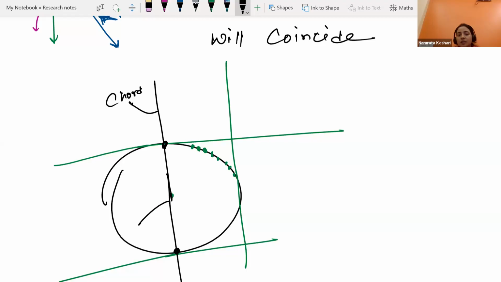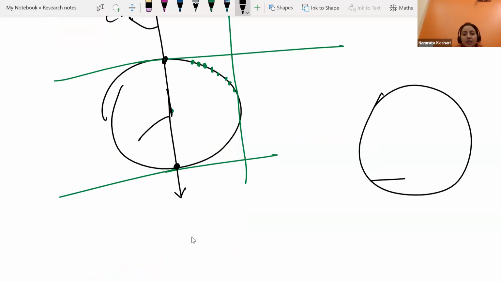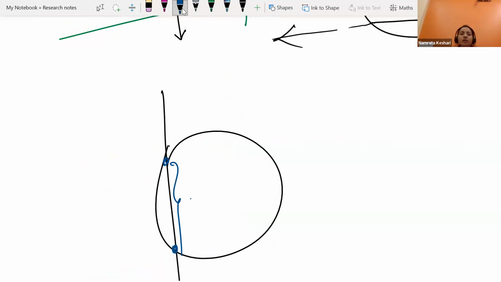Getting it? So basically what we call a secant means a line, and a chord means just the two points joining on the circle. When you have a chord, you can extend it and call it a secant. When you have a secant, you can make the points of intersection like this, and you can say that this is the corresponding chord.